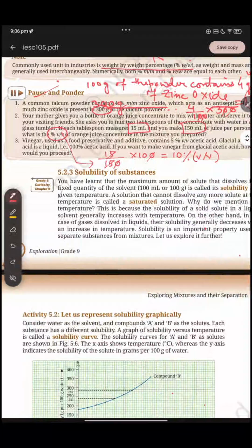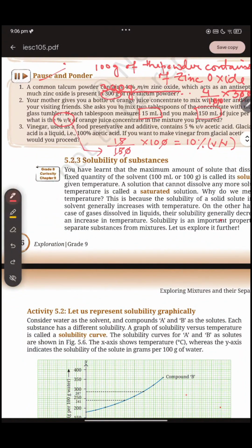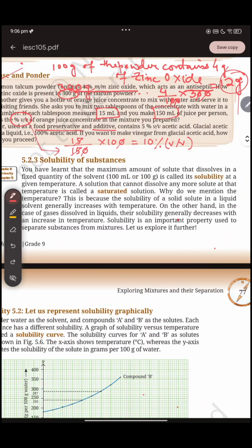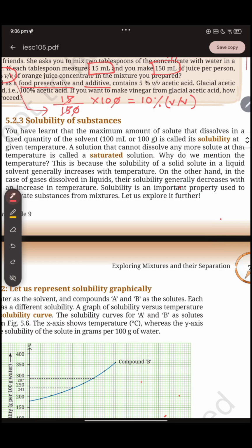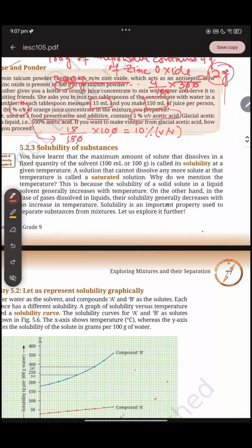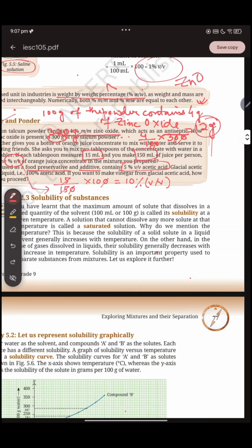Next, vinegar. You know what is vinegar? Vinegar is acetic acid. It is used as a food preservative and additive. It contains 5% volume by volume of acetic acid, right? Now, acetic acid is CH3COOH, the formula, just for information.